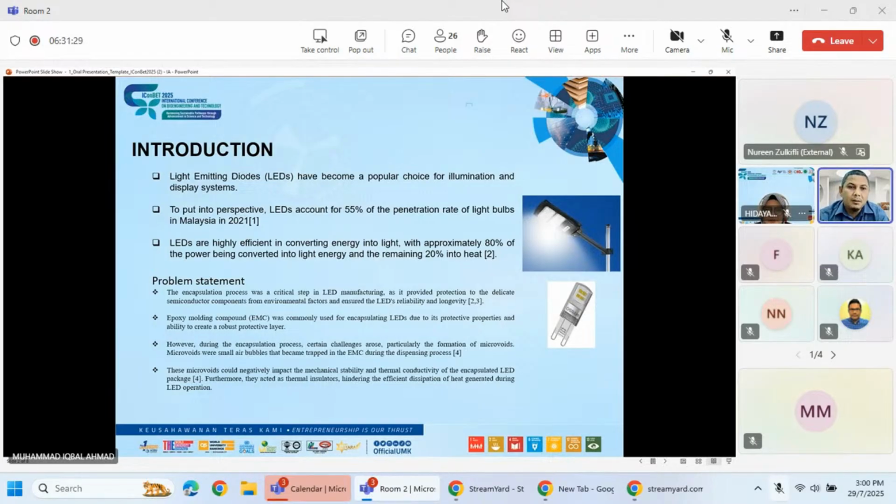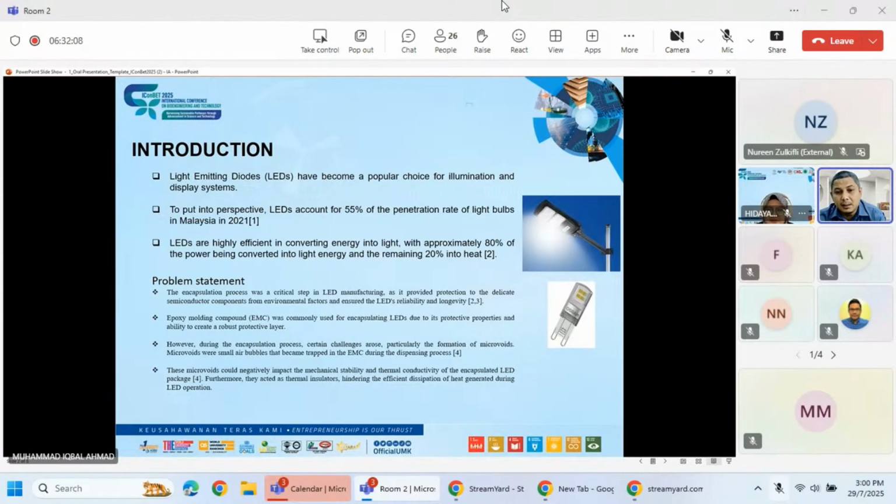As a problem statement, I'm talking about the electronic packaging process for LEDs. The encapsulation is a critical step in LED manufacturing. With regard to LED reliability and longevity, the problem arises from micro void situations, whereby air bubbles become trapped in the EMC during the dispensing process.